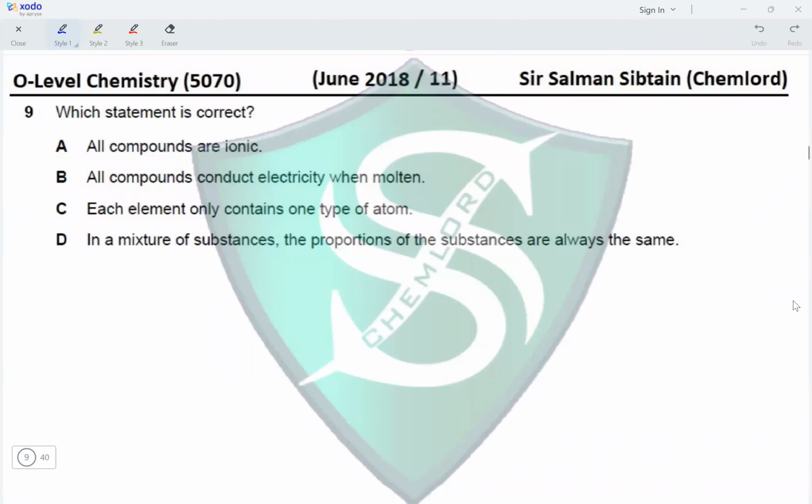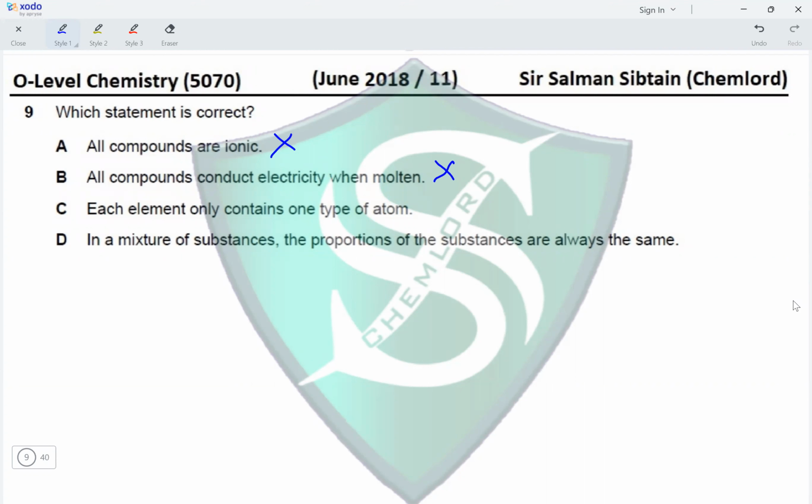Question 9. Which statement is correct? All compounds are ionic? No. Covalent and macromolecular compounds also exist. All compounds conduct electricity when molten? Only ionic compounds do. Each element only contains one type of atom. Yes, an element is made of atoms of a single element, obviously.